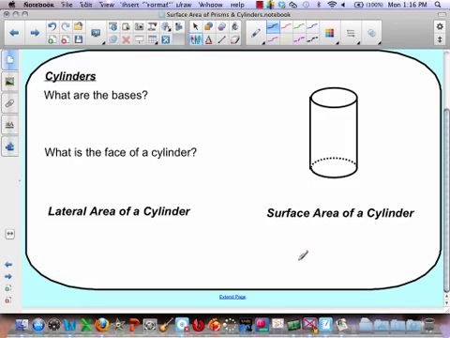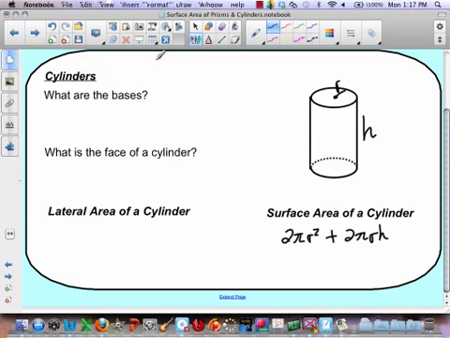Look for the surface area of the cylinder. Should be on page 1. Two pi r squared plus... And so we have the height of the cylinder, and then we have the radius of the cylinder.